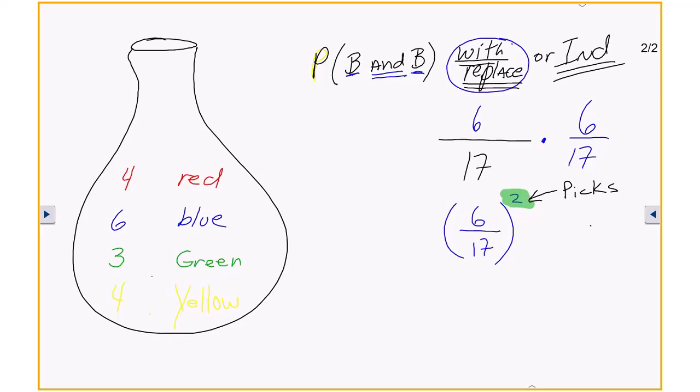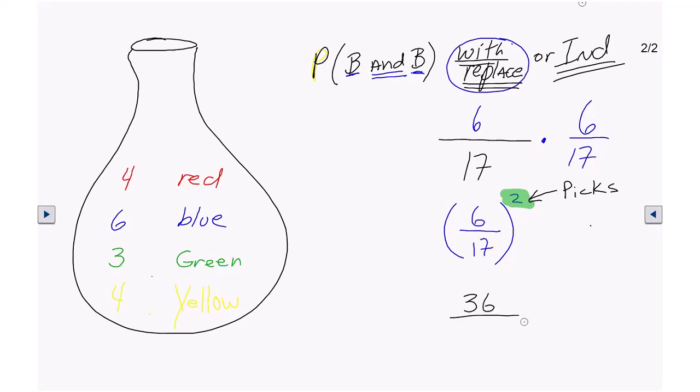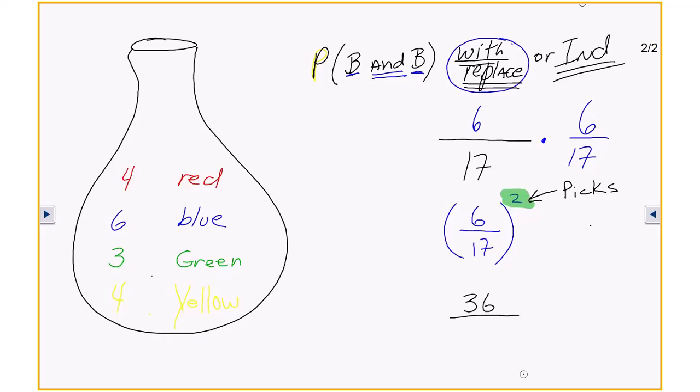All right, somebody take 6 over 17, put it in parentheses, and raise it to the second power. It's going to be 36 over 17 times 17, which is 289.